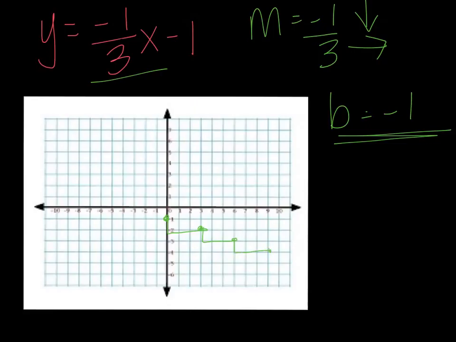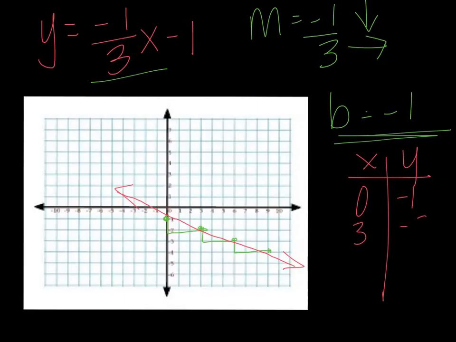And then we connect our dots to make our graph as best as you can. And then if we had our table, we would have 0, -1, 3, -2, 6, -3, and 9, -4.